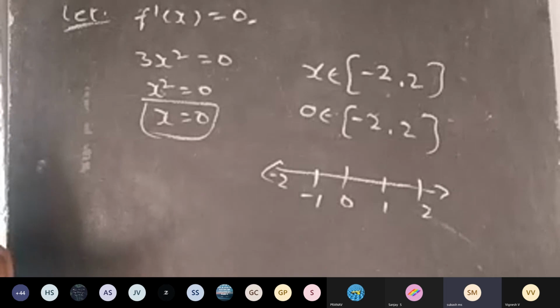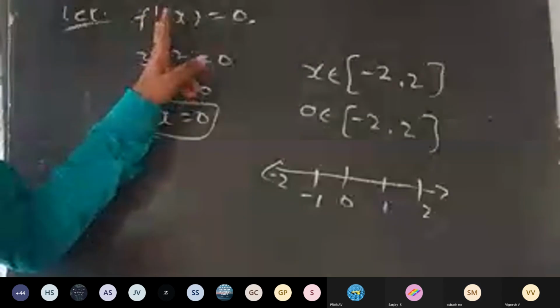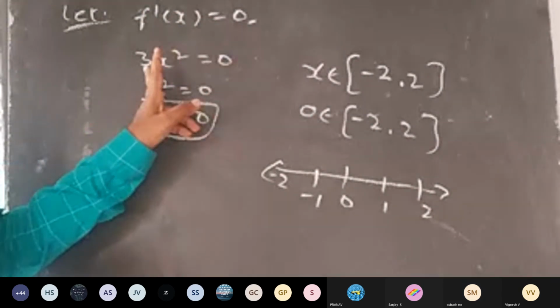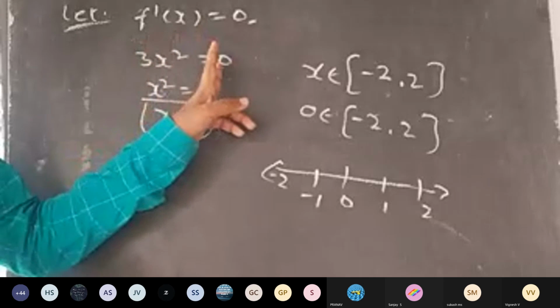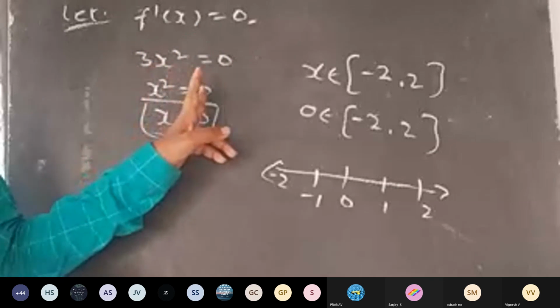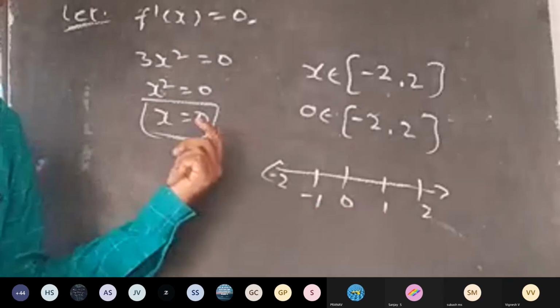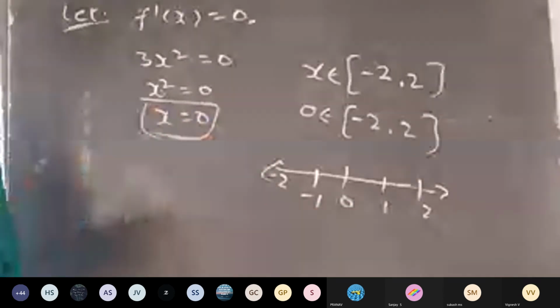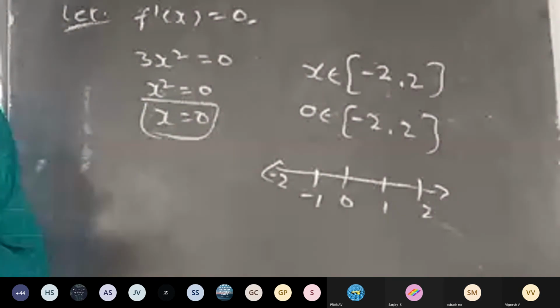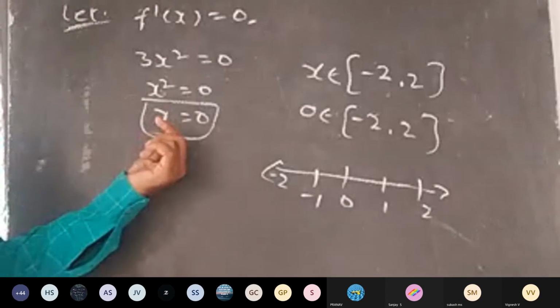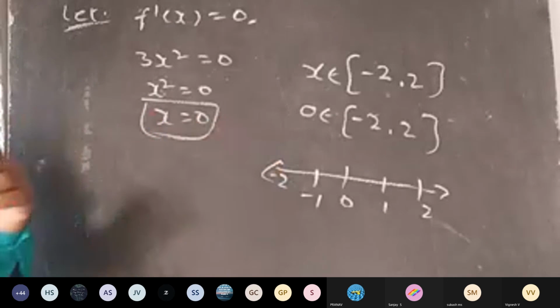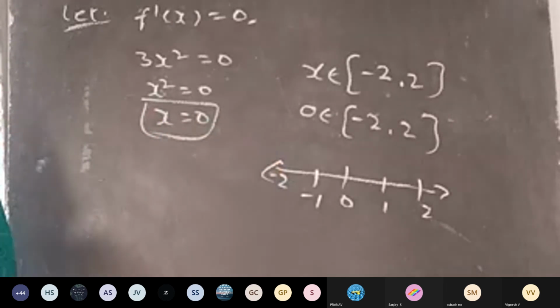Because 1 is also between minus 2 and 2. See, f dash of x is equal to 0 means 3x square is 0; dividing both sides by 3, x square is equal to 0, so x is equal to 0 only. One factor is not coming. If another factor came, it would be possible, but the factors are not coming.